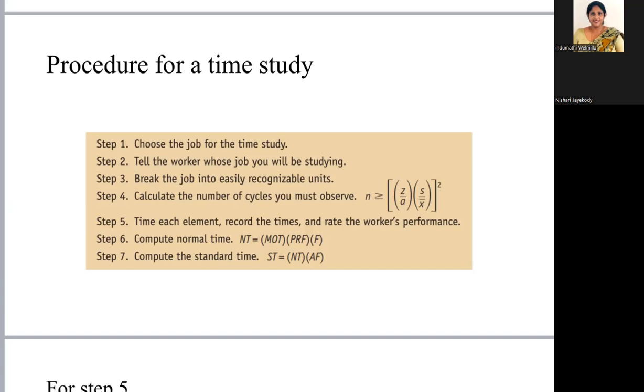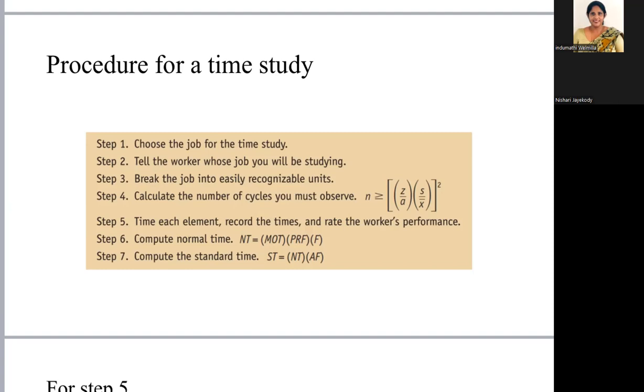This is a factor of 1 for the performance rating factor. If a factor of 1 represents an average work pace, any performance rating below 1 is a below average work pace. A performance rating above 1 is an above average work pace.